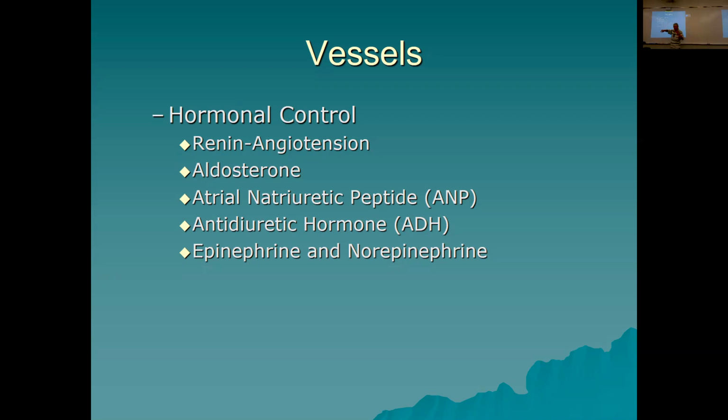Aldosterone: basically, we could be talking about three hormones: aldosterone, atrial natriuretic peptide or ANP, and antidiuretic hormone, ADH. A little bit about epinephrine and norepinephrine, but that's going to be linked a little more to renin-angiotensin. So let's talk about these three right now: aldosterone, atrial natriuretic peptide, and antidiuretic hormone.